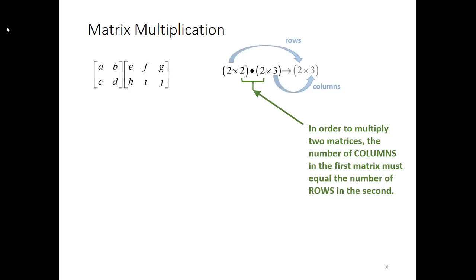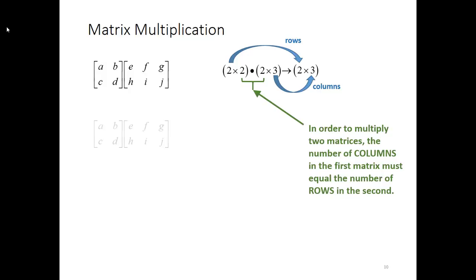So I'm okay here. Then I want to figure out what I get at the end. I'm going to get a matrix, but what size is it? It turns out that the number of rows of the first matrix determines the number of rows in the product, and the number of columns in the second matrix determines the number of columns in the product. So I'm going to end up with a 2x3 matrix at the end.